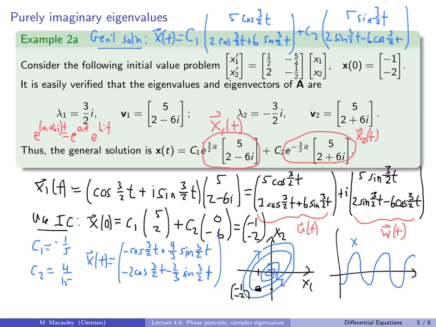This is x1 of t, and then this thing here, x2 of t, turns out that it has a little bit higher amplitude, and it looks sort of like this. This is x2 of t. And that's just a sketch. I encourage you to pause this video and plug these into your computer or calculator just to see what they look like yourself.